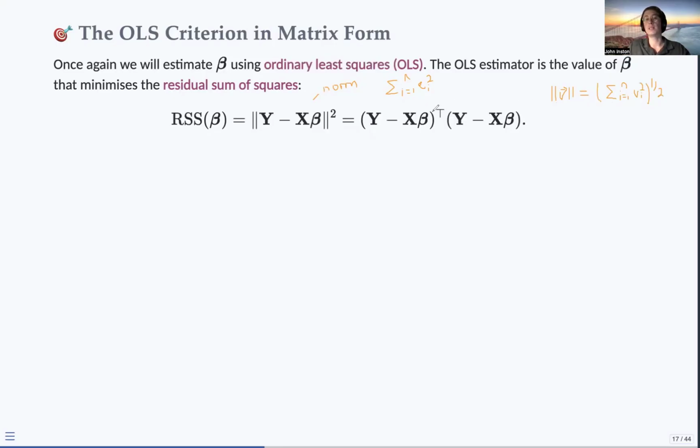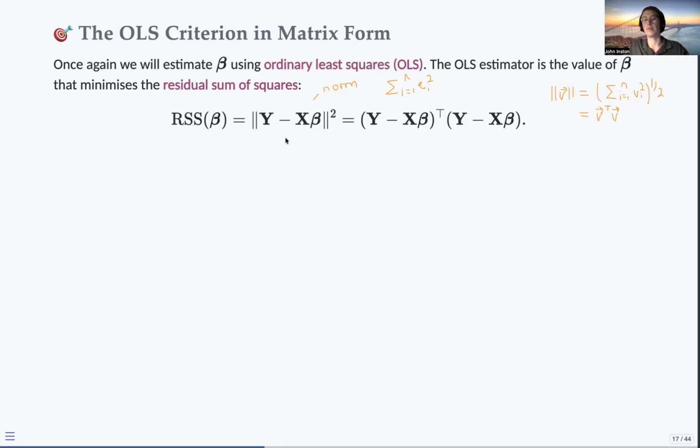This is why we are squaring here, because it undoes the square root, and we end up with the sum of the squared errors being y minus xb, because y is equal to xb plus the errors, and we move xb over to the other side. However, when we're considering vectors, this is equivalent to writing the transpose of the vector times the vector. This is where this expression has come from.